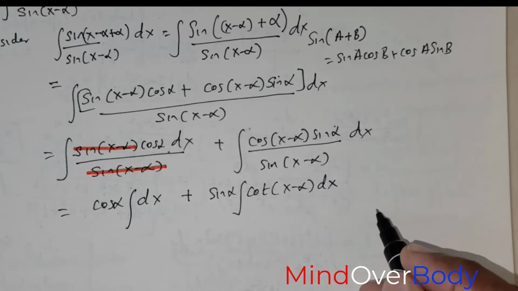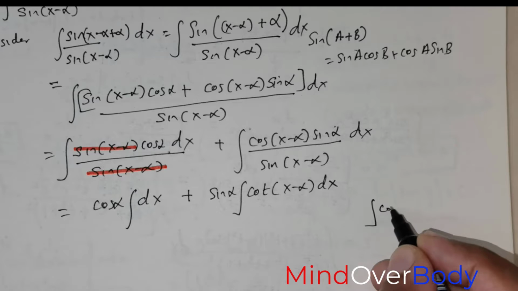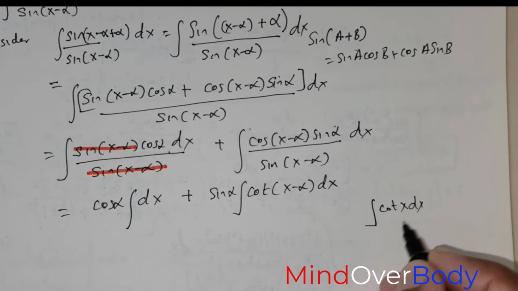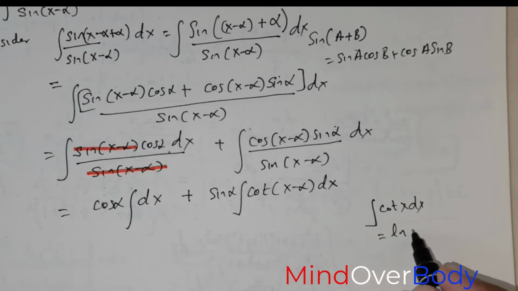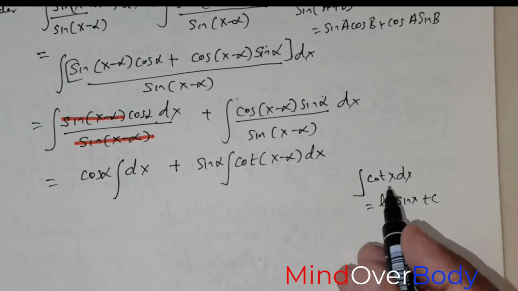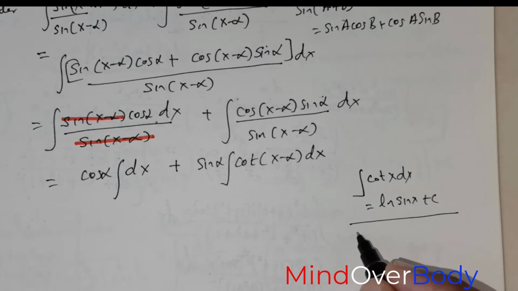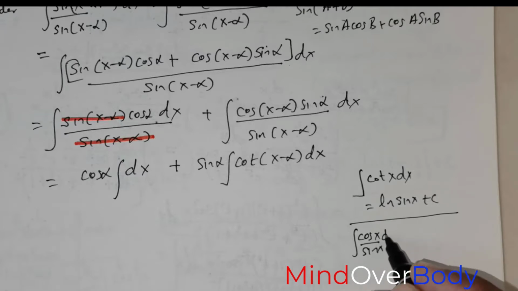Before that, I would like to draw your attention to the formula that we have for cot. The integral of cot x is ln of sin x plus c. I hope you know how you are getting ln. Let me just show you if you are not sure of that. I can rewrite cot x as cos x over sin x dx.